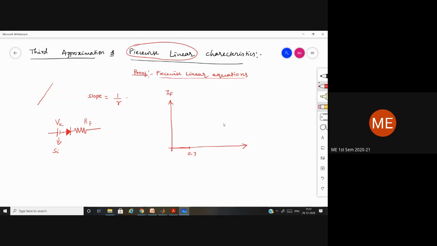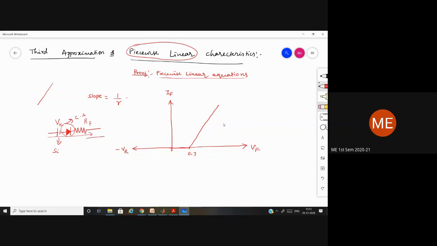So this is IF, VF, and this is minus VR, that is reverse voltage. After that the current is passing through, and since you have a resistance, the linearity will come into the picture and slowly the curve came like this. Now current is passing through, this becomes a closed switch and current will pass, you got the result.